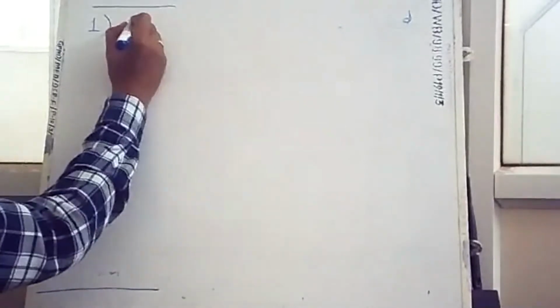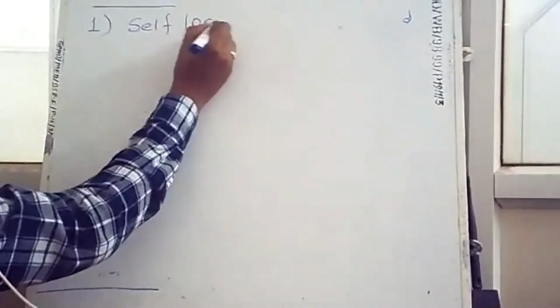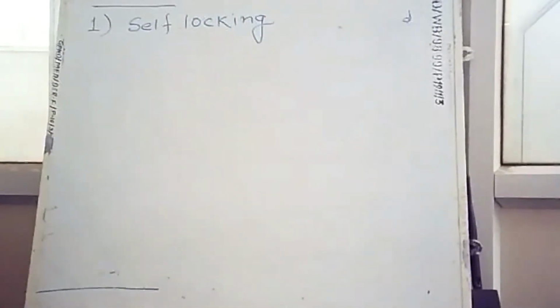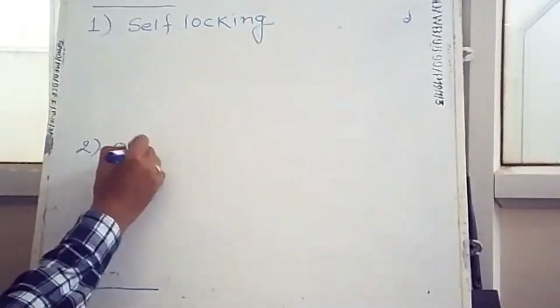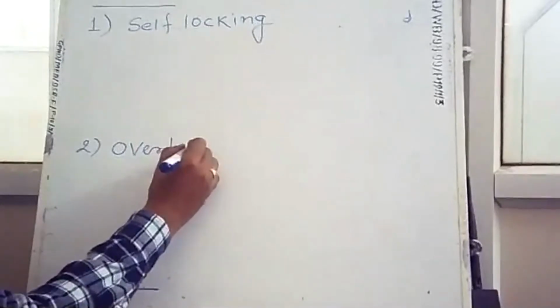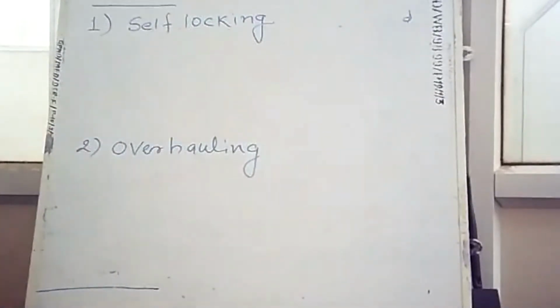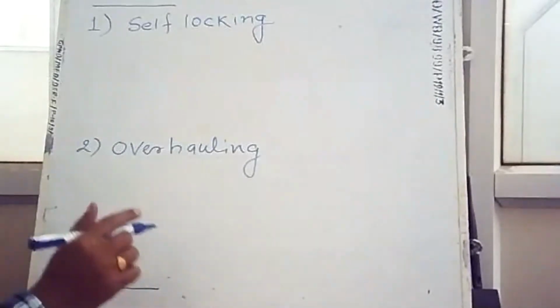One is the concept of self-locking, and another is the concept of overhauling screw. Okay, so what is meant by self-locking and what is meant by overhauling, that we'll see.